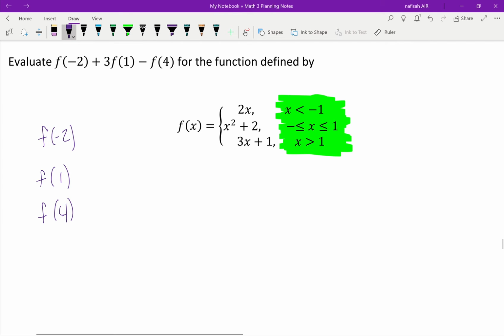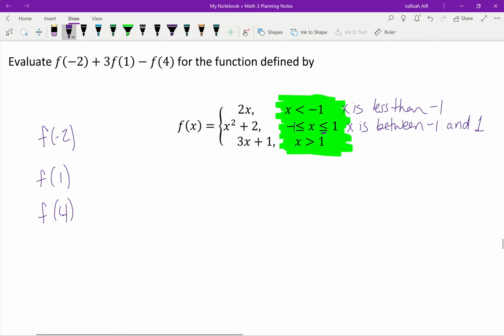The first one says that these are the x values less than -1. There's a 1 here. This one is saying that these are the x values between -1 and 1.